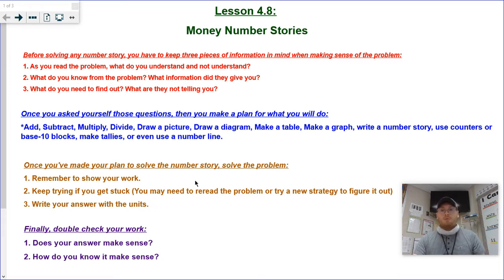You can do all this work and make a mistake, but if you show all your work in the process, then as you go back to recheck, which is the last part, or as your teacher or another classmate is helping you go back through the steps, they might be able to see, oh, you made an error right here.